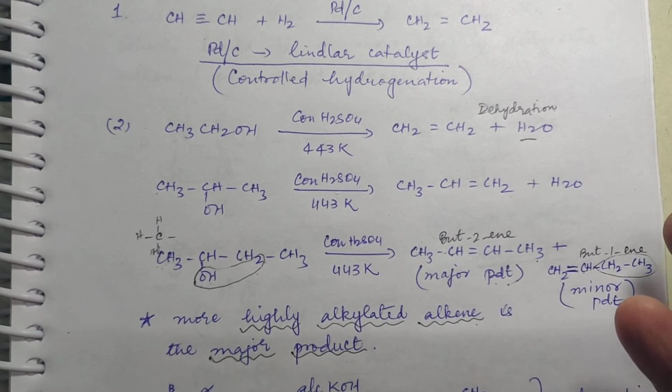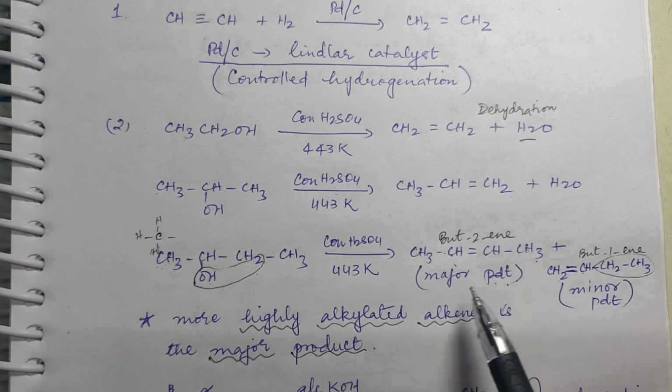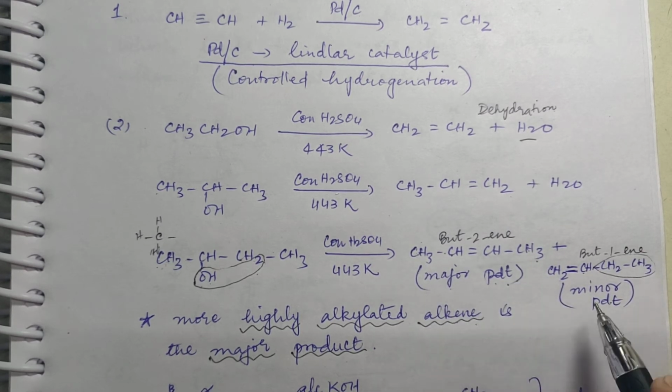There is no alkyl group. Is that clear? So where there is maximum alkylation, that is the major product. Where there is minimum alkylation, that is the minor product. Okay, this is what you have to understand.